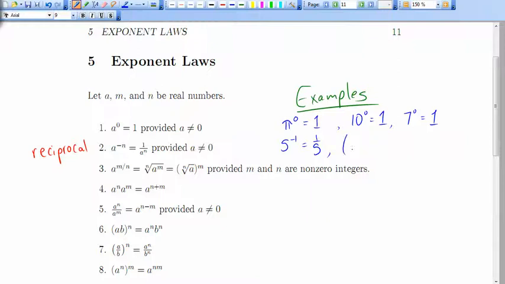Or let's say I had 2/3 to the negative 1, then I would have the reciprocal of that, 3/2. Or let's say I had 2 to the negative 3, then I would get 1 over 2 to the positive 3, which is 1 over 8. So that's what a negative exponent means. It means we've got a reciprocal here.